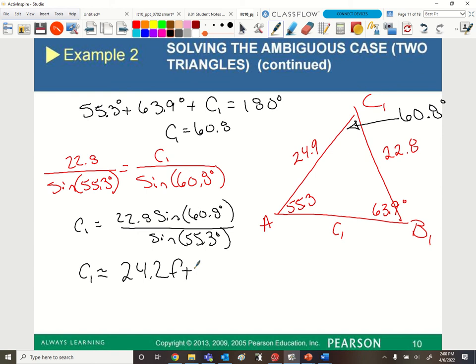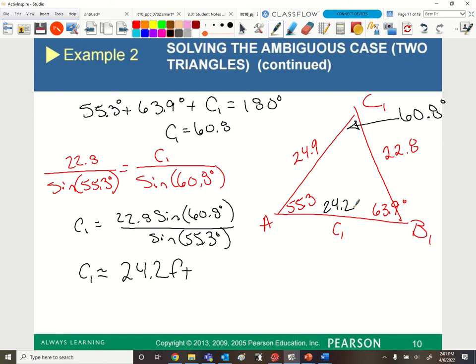Now, does that work out? Is A still my smallest angle and smallest side? Is B still my largest angle and largest side? Yes, it is. Whenever you have one that comes out to an ambiguous case, you're going to have to look for two triangles.